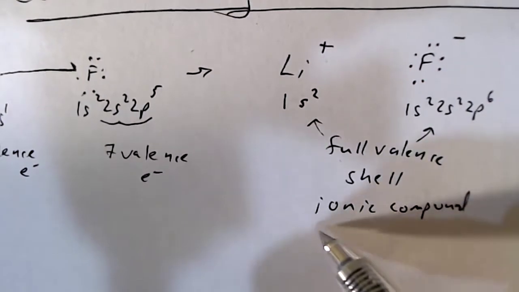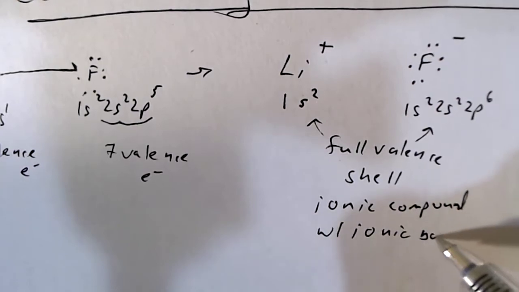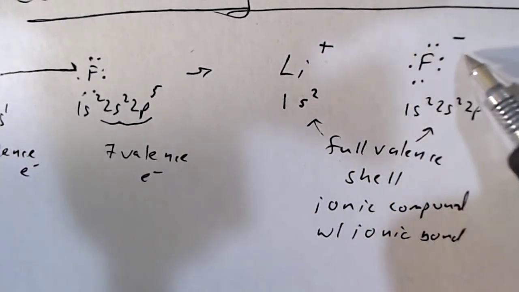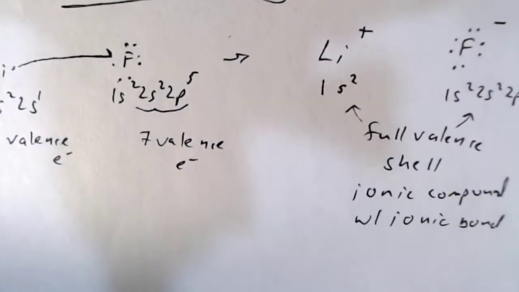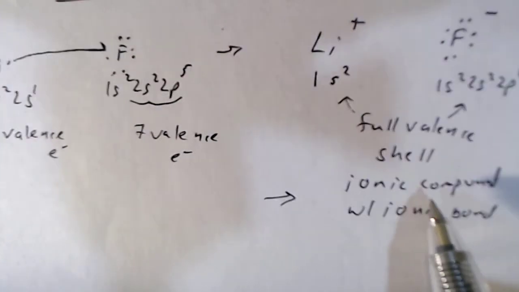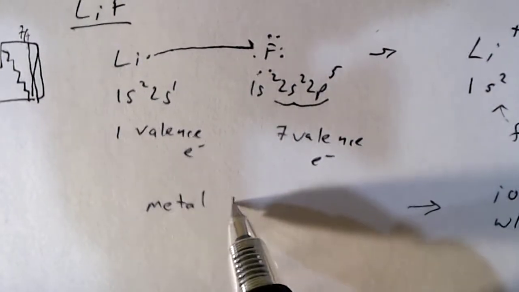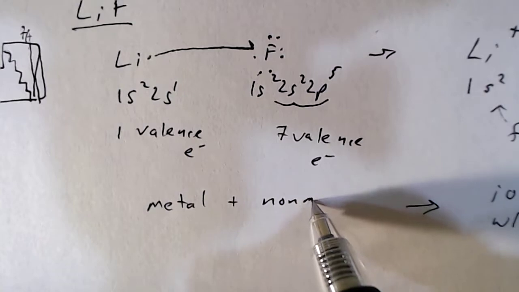So this is an ionic compound. It's going to have an ionic bond. That is the attraction between those opposite charges. So this is a memorized thing. Ionic compounds are formed when you combine a metal and a non-metal.